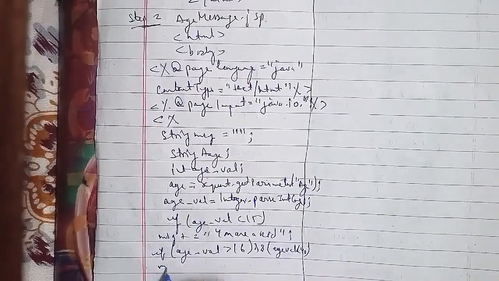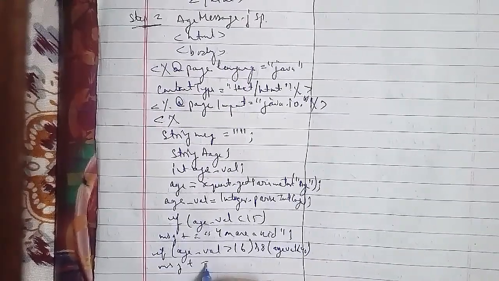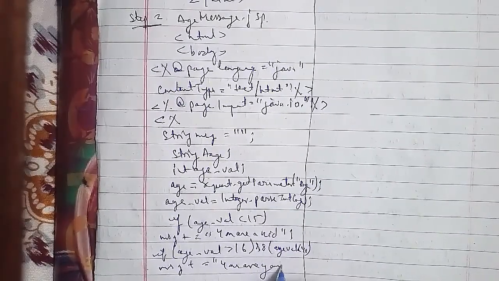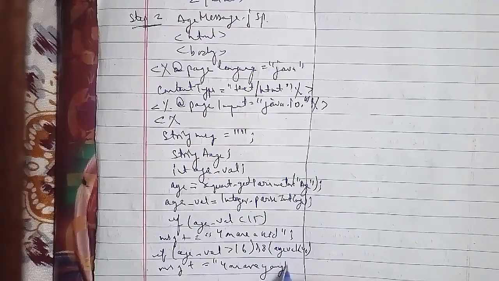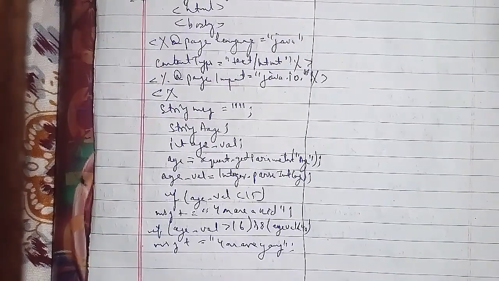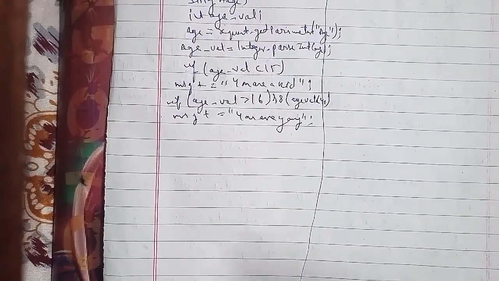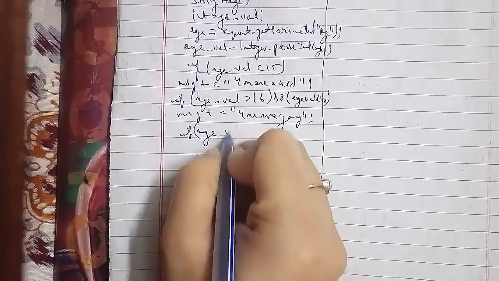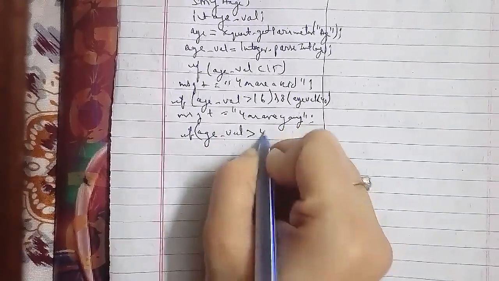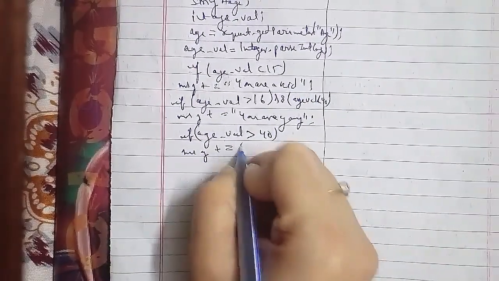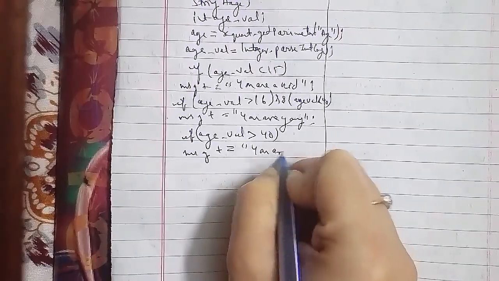Out.println, that is your h3 tag plus message plus that is your h3 tag as well as close. Then of course the percentage sign closing, and then body tag close, and of course the HTML tag as well as close. So this will be the end.